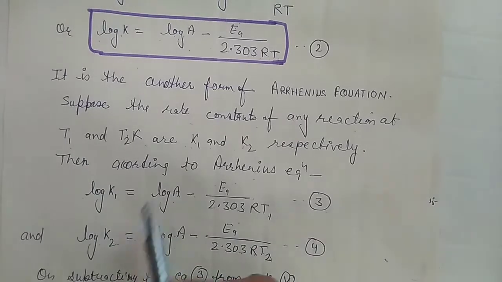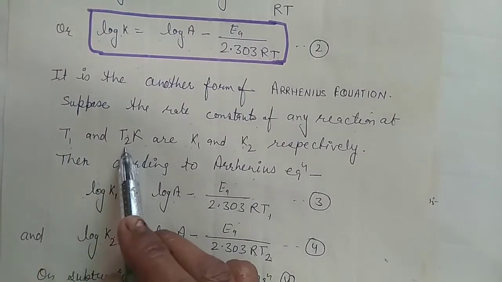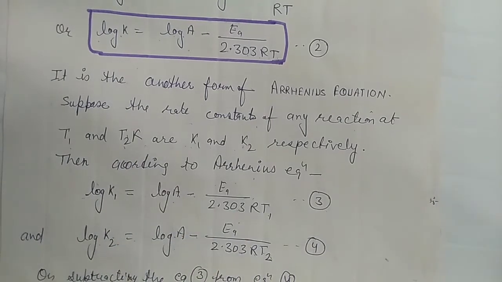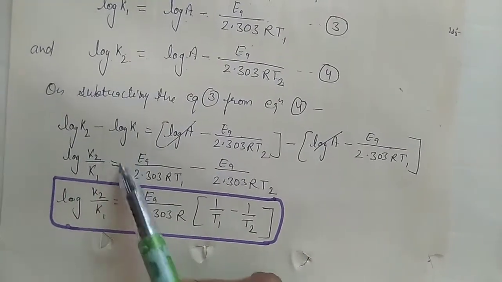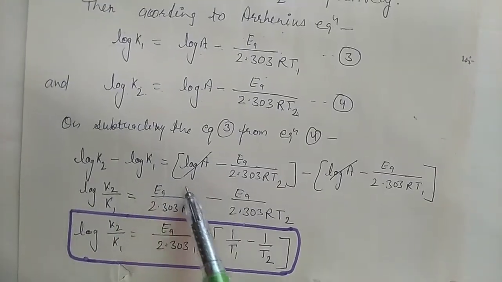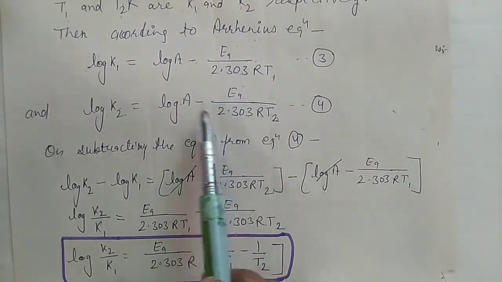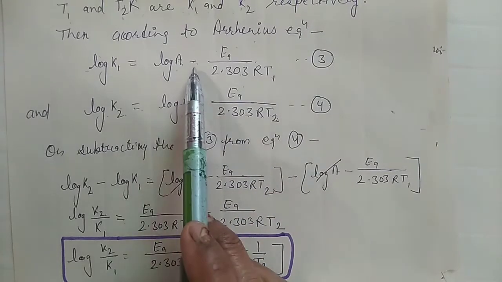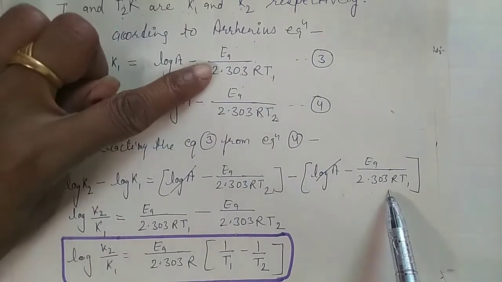Okay, now we will subtract log K2 minus log K1 because T2 is the high temperature, means the log value of K2 is high. At high temperature, rate constant is also high. So log K2 minus log K1 is equal to log A minus EA upon 2.303 RT2 minus log A minus EA upon 2.303 RT1.